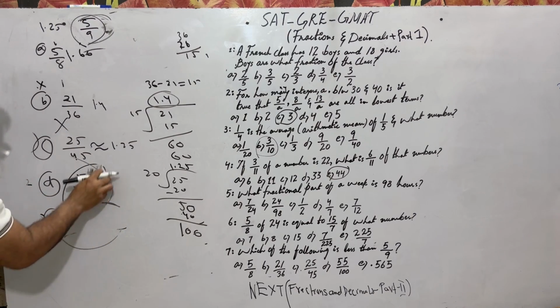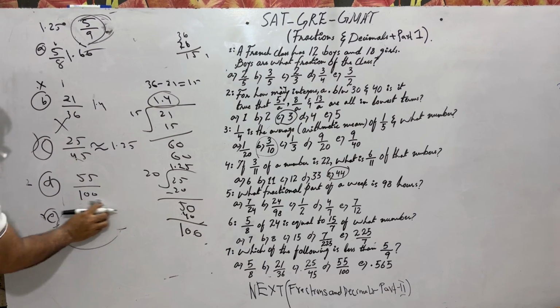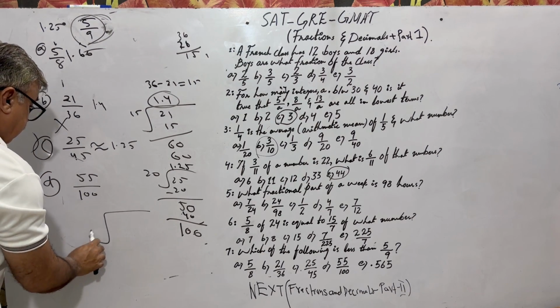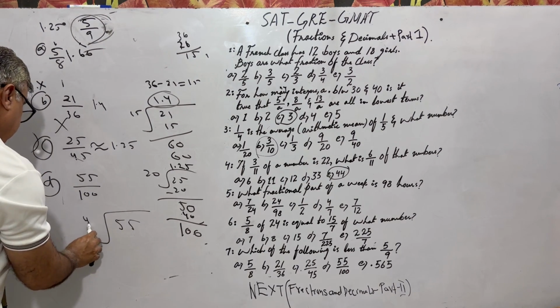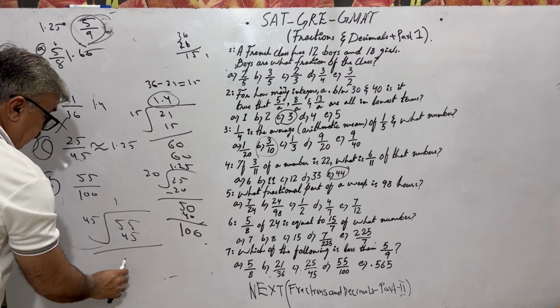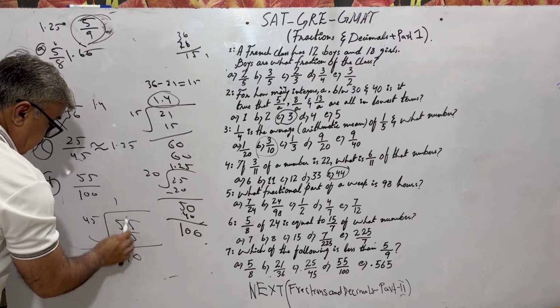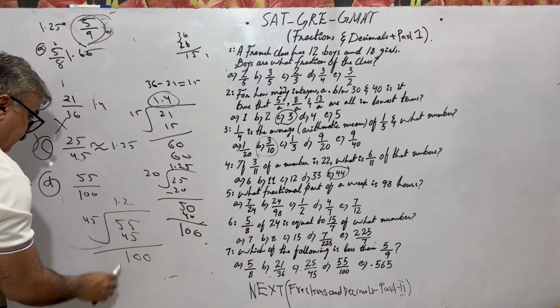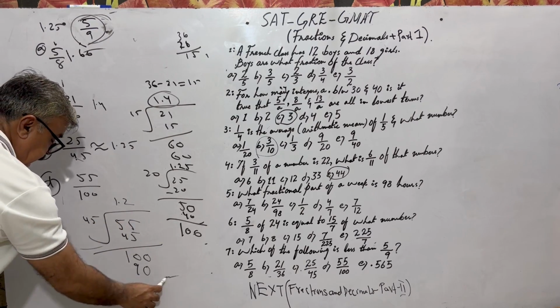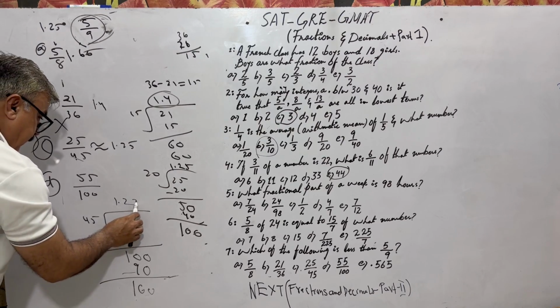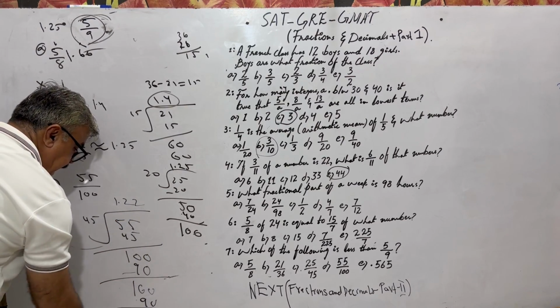Similarly, the difference of 55 and 100 is 45. 55 divided by 45, 1 times 45, subtract, 1, 0, introduce another 0, point, 2 times 45 is 90, subtract, 1, 0, another 0, 2 times 45 is 90, and so on.